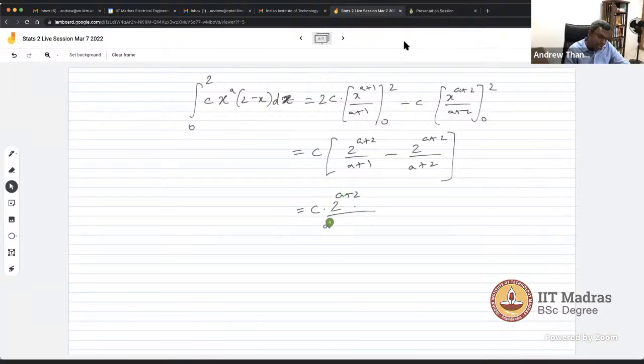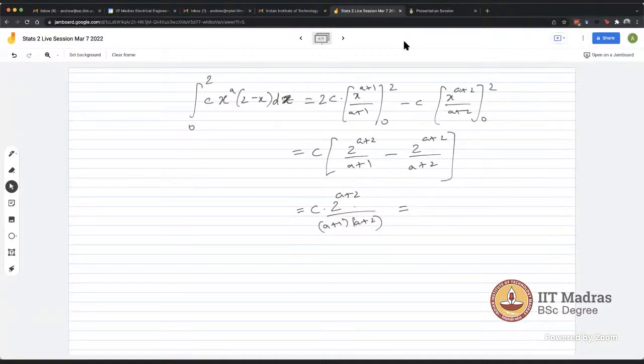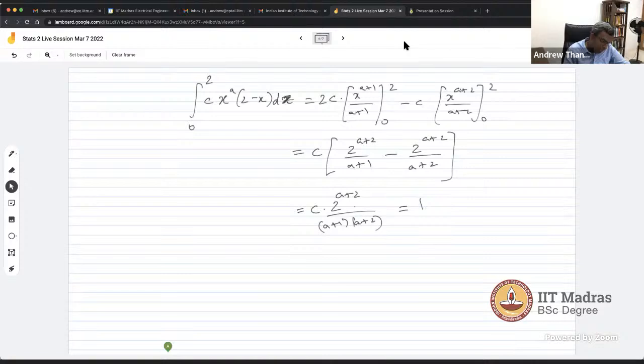So quite a complicated formula, and then this should be equal to 1. Okay, so this gives you c: c is (a+1)(a+2)/2^(a+2). Wow, what a complicated looking PDF.